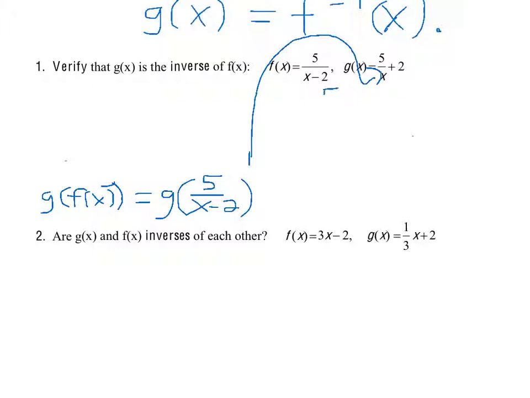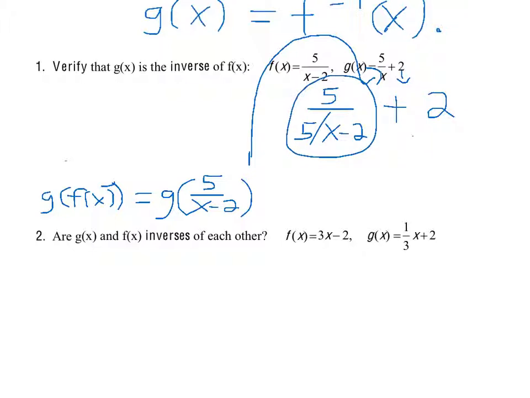This is going to be 5 over, then you have the other fraction, 5 divided by x minus 2. And then this plus 2 you bring down, so it's just plus 2, hanging on the side there. I'm going to do the same thing here, the keep, change, flip. I keep the top the same, which is 5. I multiply by the reciprocal of the bottom, so it's times x minus 2 over 5.